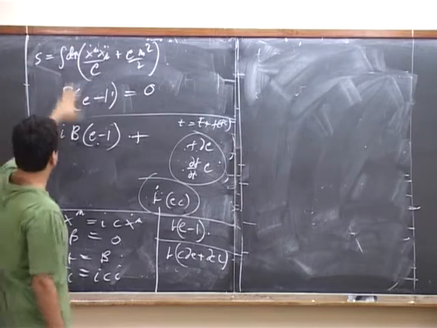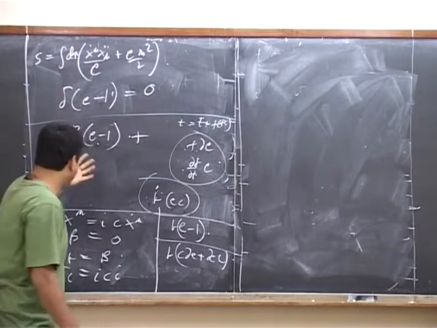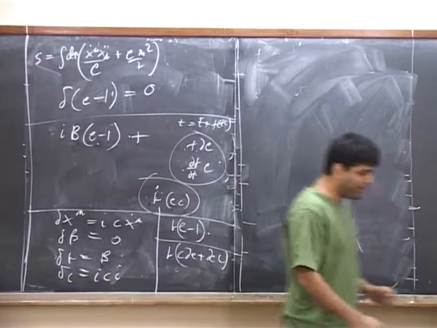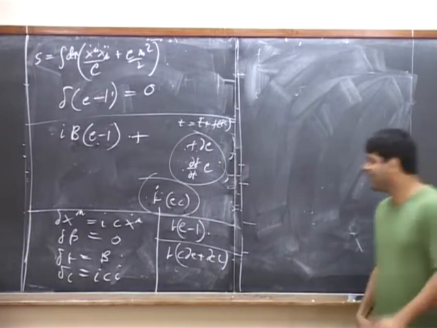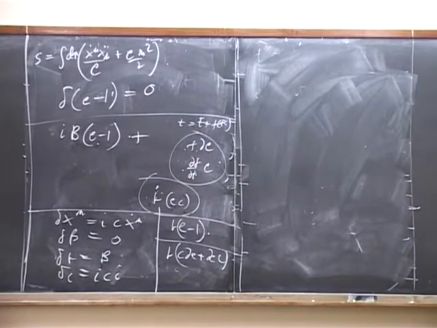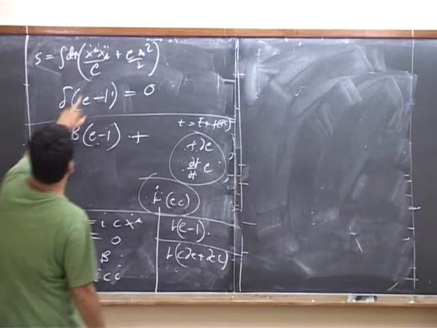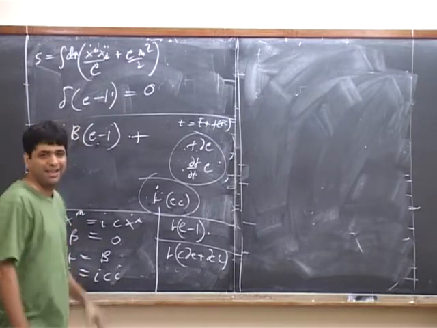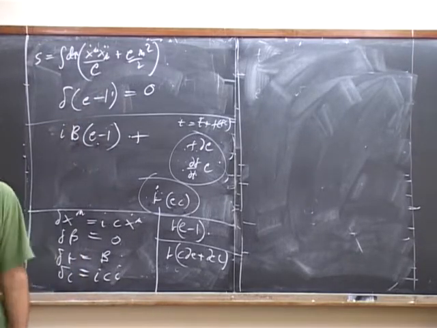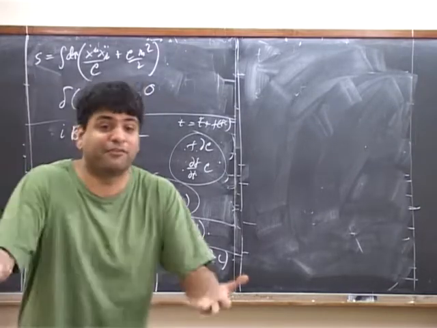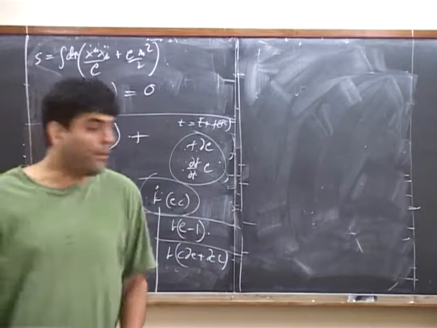Fine. So we've got some nice action and a BRST transformation property of this action. Now the next thing we want to do is to try to make this more useful. This is now some hugely enhanced action, because in addition to the E field that we added, we've also added this Lagrange multiplier field and all kinds of other stuff, and of course there are the ghost fields, the B and C fields.